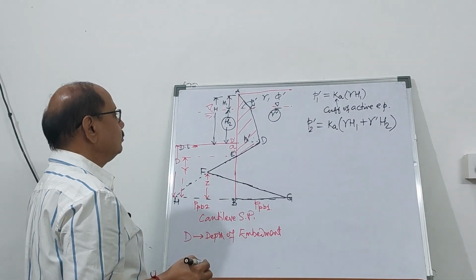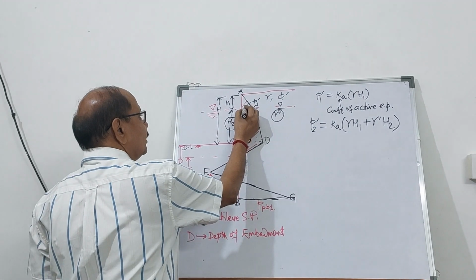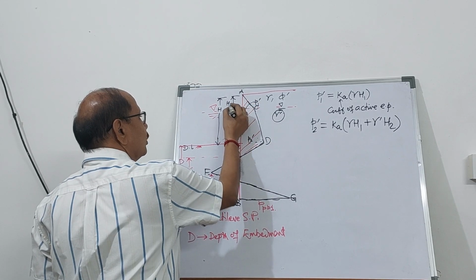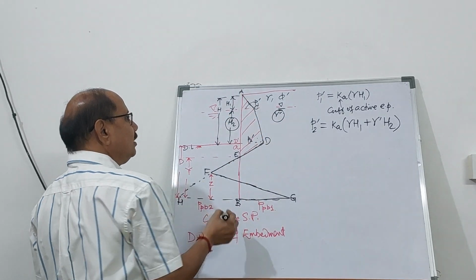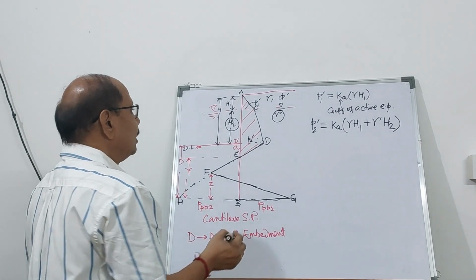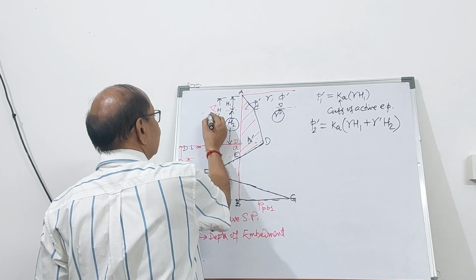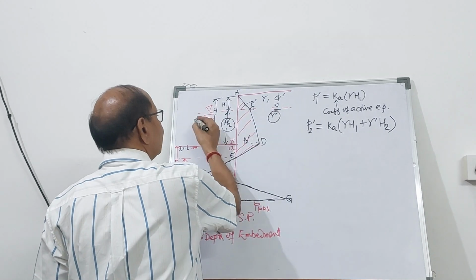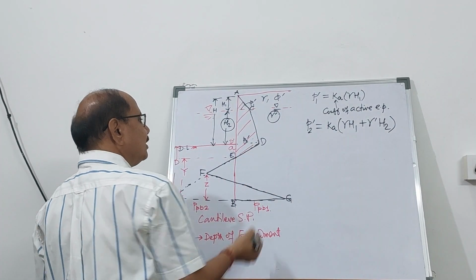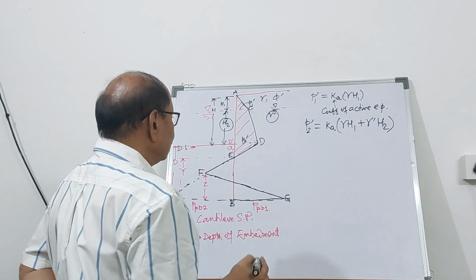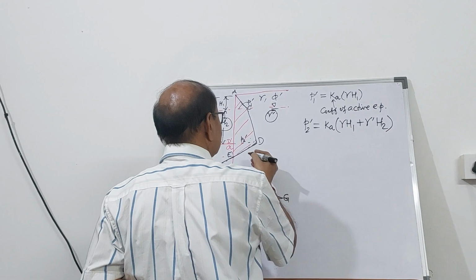So P2 prime up to here it is K gamma into H1. It is above the water table, so we have taken gamma, and below the water table it's going to be this. And water pressure on both sides will cancel each other. Right. So P2 prime also you have calculated.